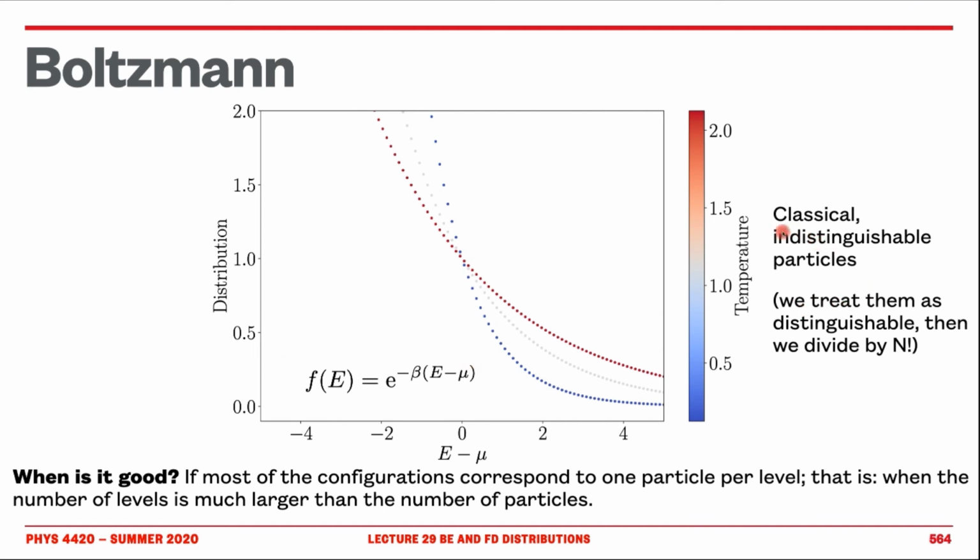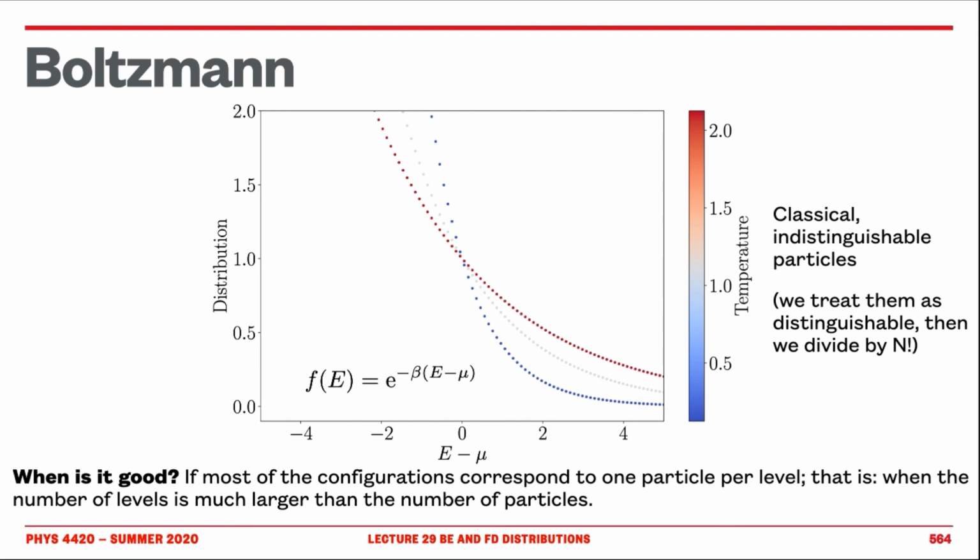We can consider the particles as indistinguishable. And if you remember how we calculated this for the partition function, we divided by N factorial. And we said this description will be correct so long as I have many, many more states than I have particles. In that case, most of the states will be singly occupied. If you remember, that's how we treated this.